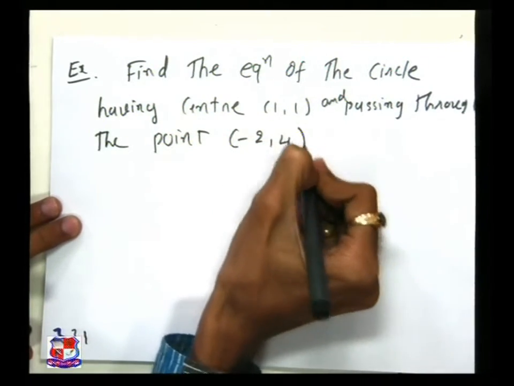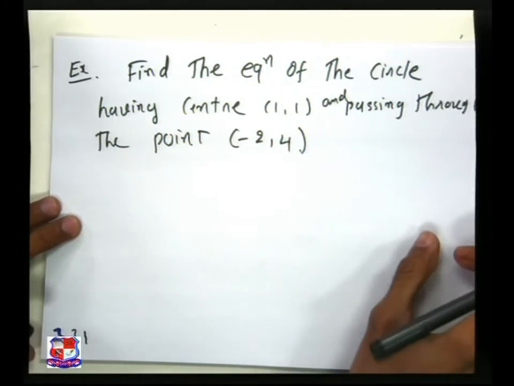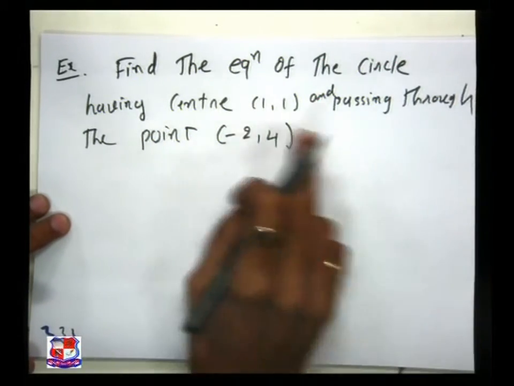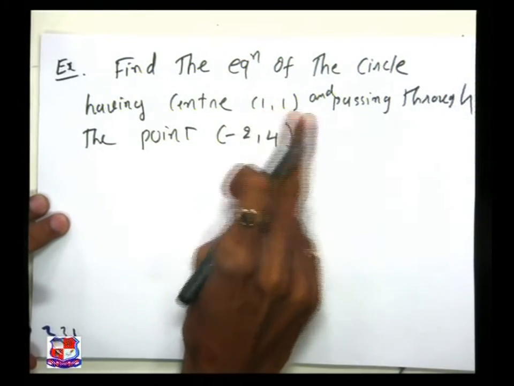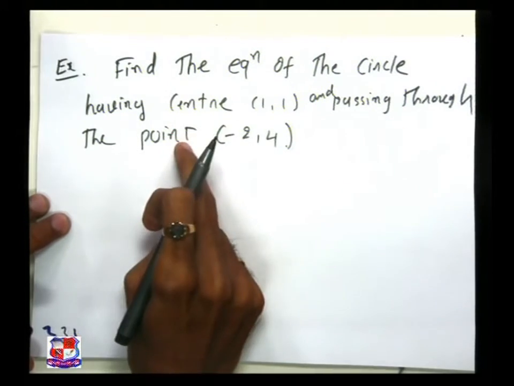So we need to find the equation of the circle which has center (1, 1) and which is passing through the point (-2, 4).